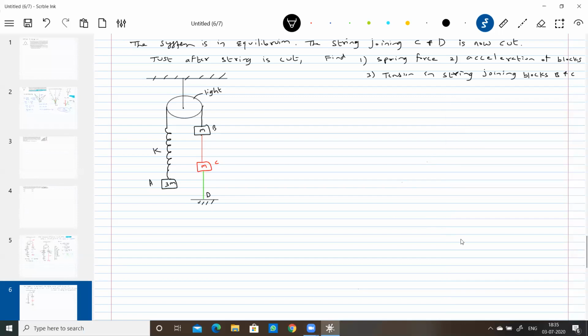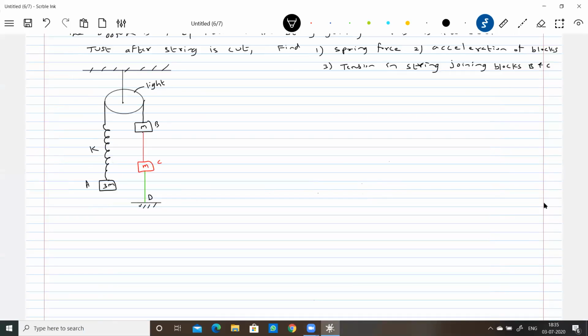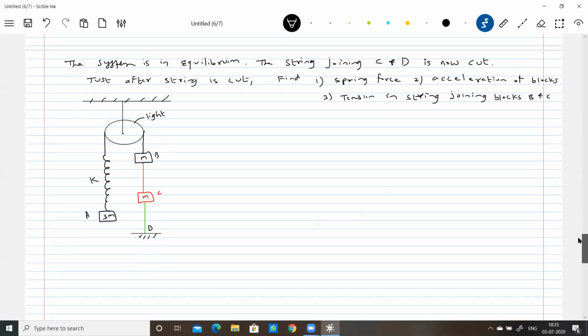Okay, now we'll continue with this. Read the question carefully and look at the diagram also.